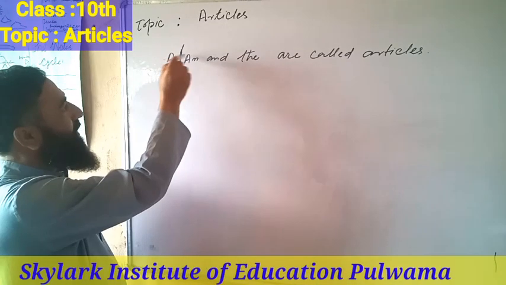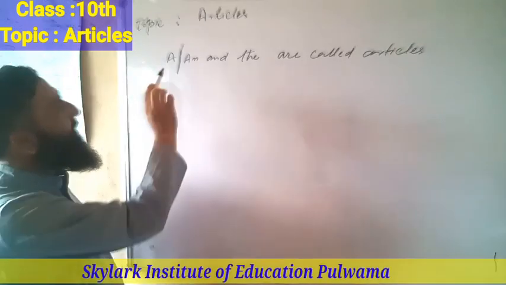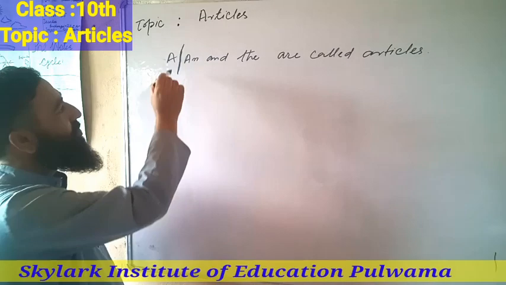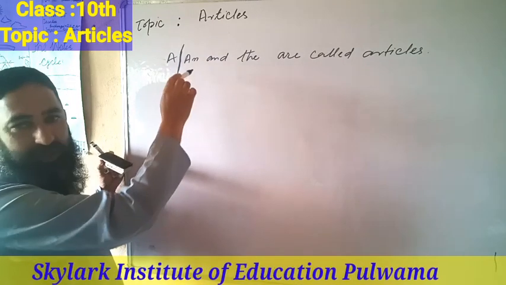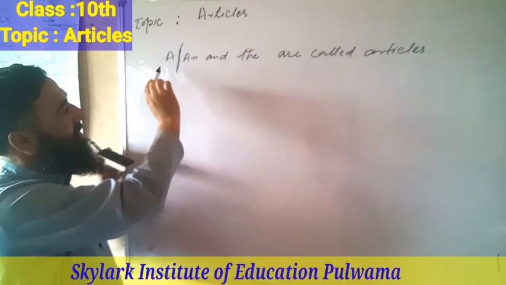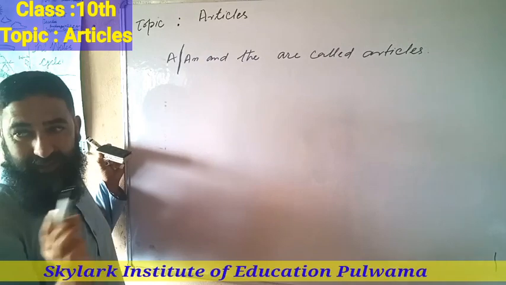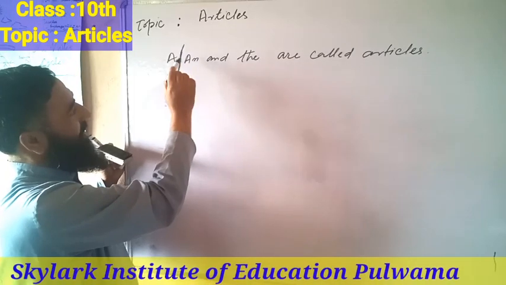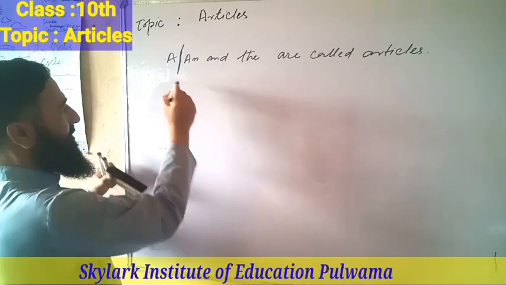It means these two words are considered as one in terms of meaning. There is no difference in meaning, but in terms of sound, later on you will come to know that there is a difference. So a, an, and the are called articles.